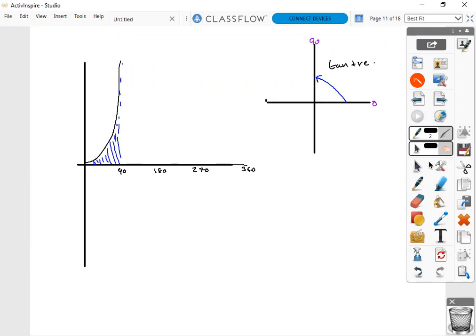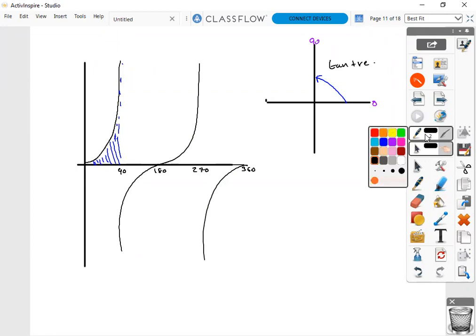So between 90 and 180, tan's actually negative. 180 and 270 is positive, and then between 270 and 360 is negative. All right, it's a really bizarre shape. That's essentially what you come out with. Okay, so in between 90 and 180, tan is negative.